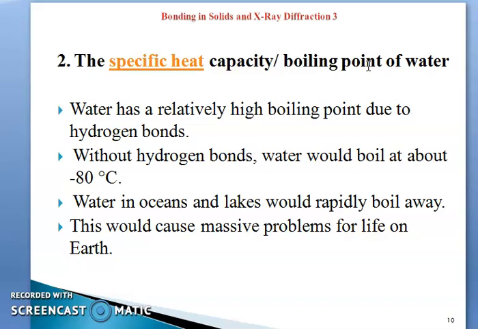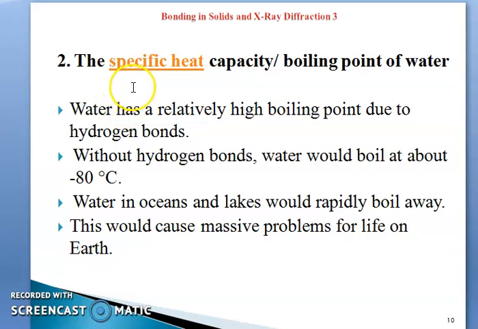Water starts to boil, or turns into vapors, at a constant temperature. Then the temperature does not increase further. So the particular temperature where water boils or converts from liquid to vapors, that constant temperature is said to be the boiling point of water. And you are well aware that the boiling point of water is 100 degrees Celsius.